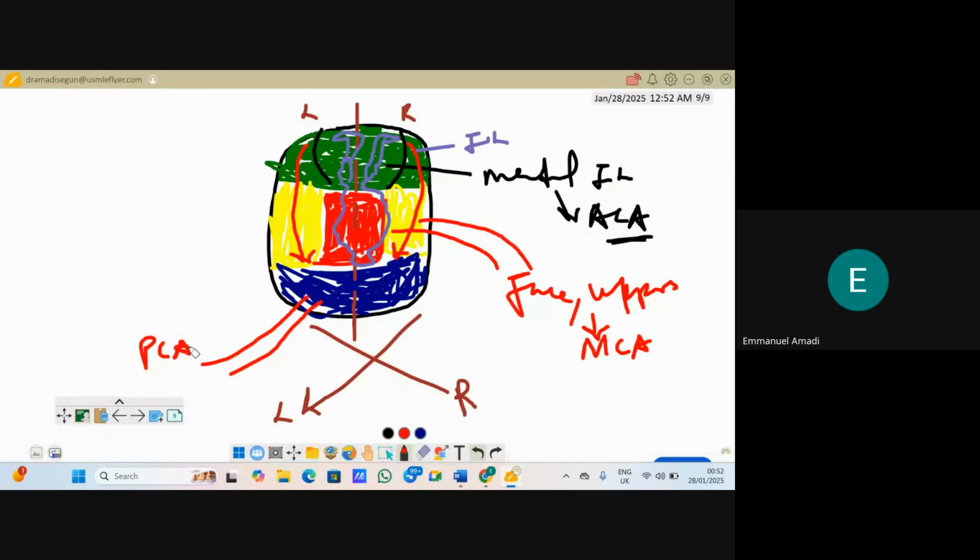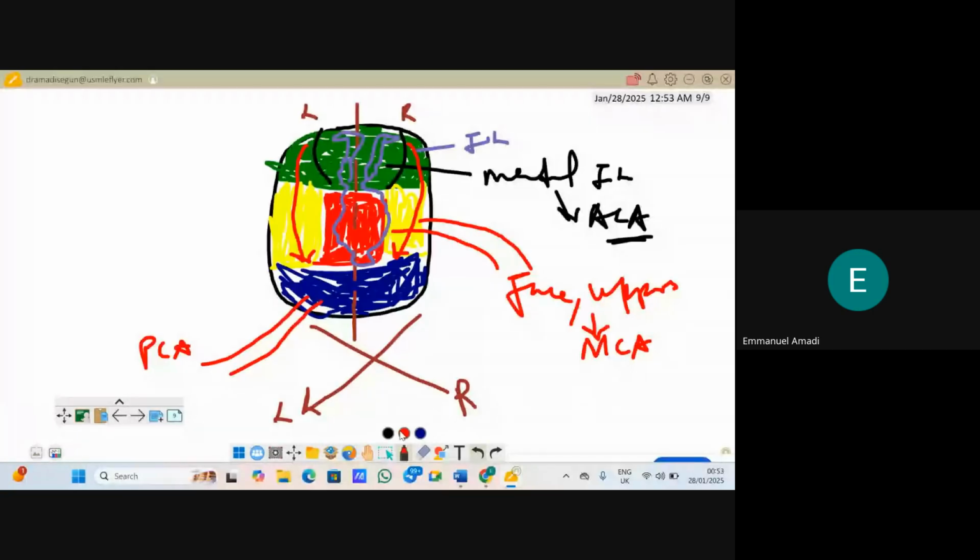Now, let me tie some important things. You see, one part of your brain must be dominant. The other one will be non-dominant. The way God created the human body is that one of them has to take control over the other one, because two of them cannot be dragging for dominance.